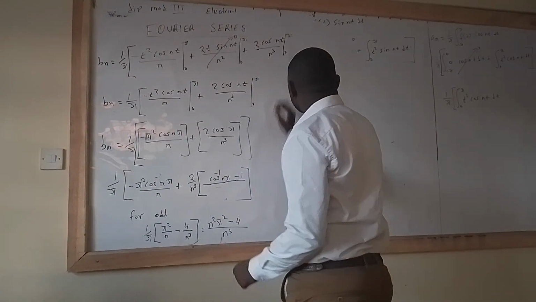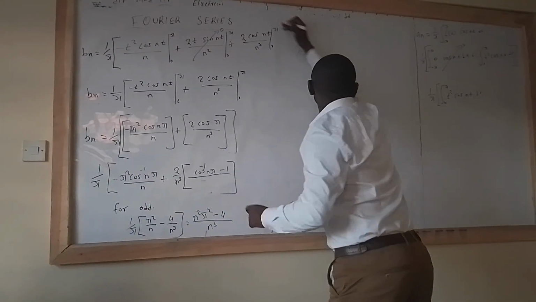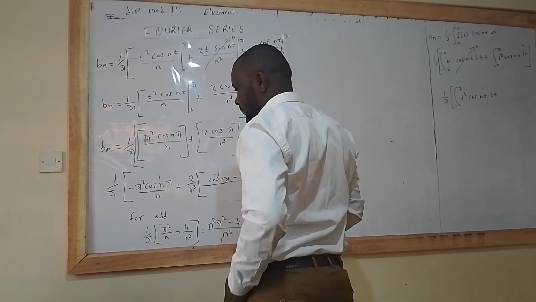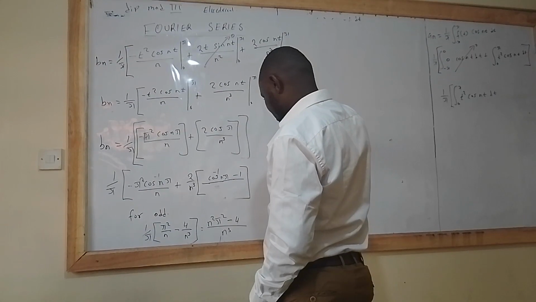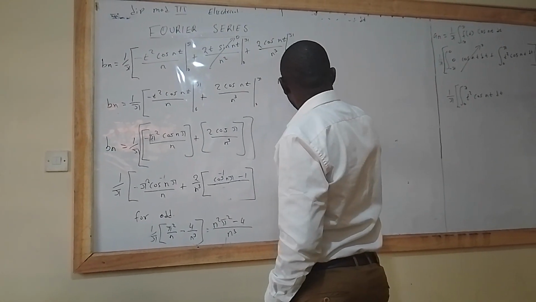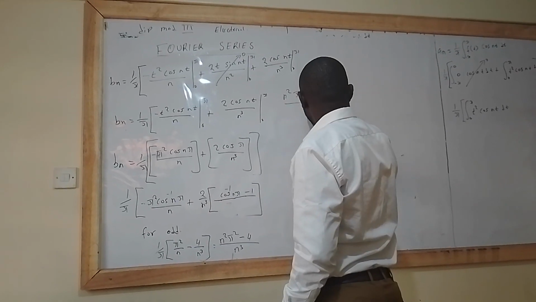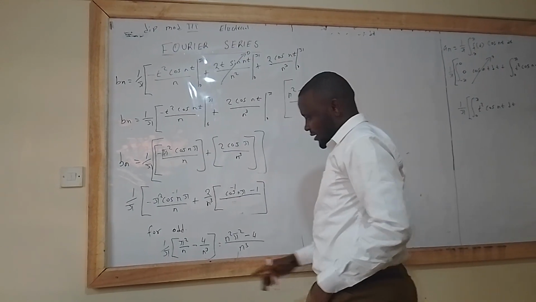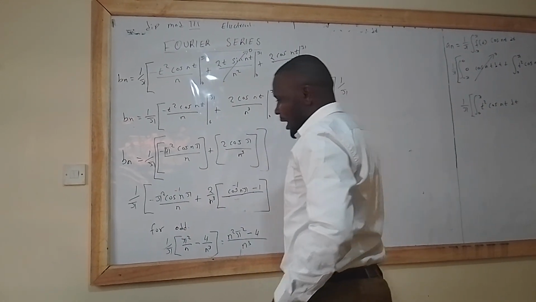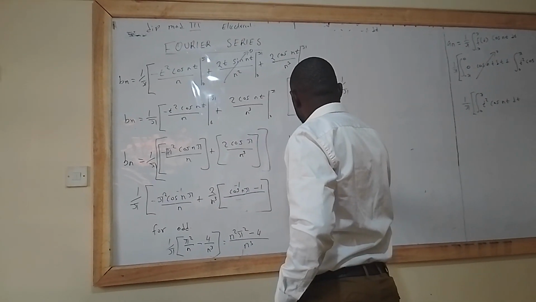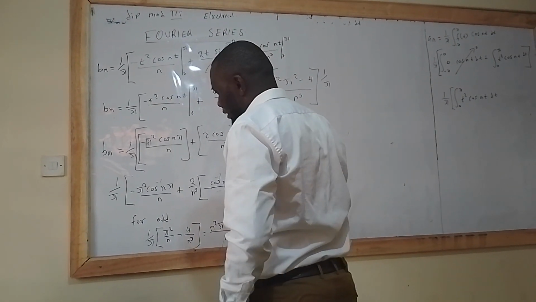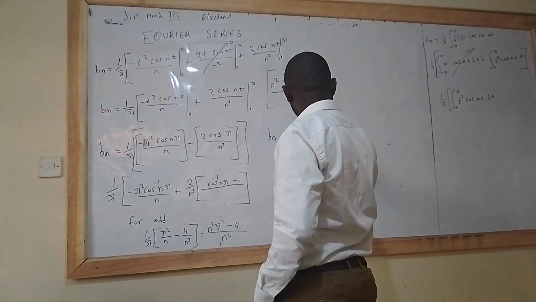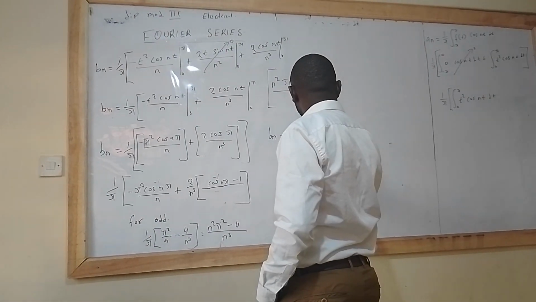So we are going to have n squared pi squared minus 4 divided by n power 3, multiply this one by 1 over pi, this pi. So my answer will be Bn is equal to pi squared n squared minus 4 divided by n power 3 pi.